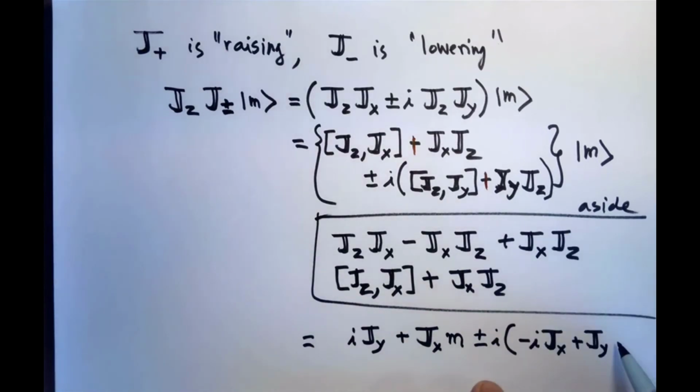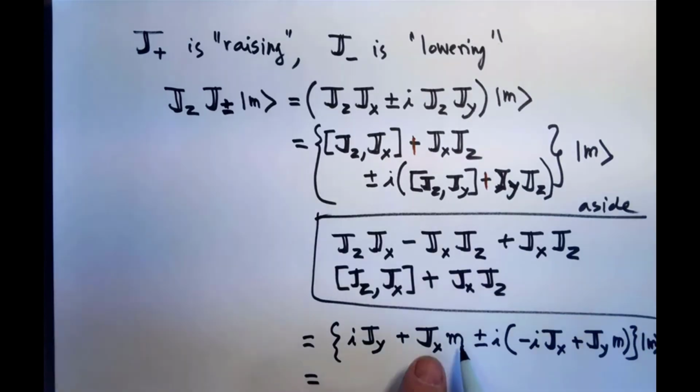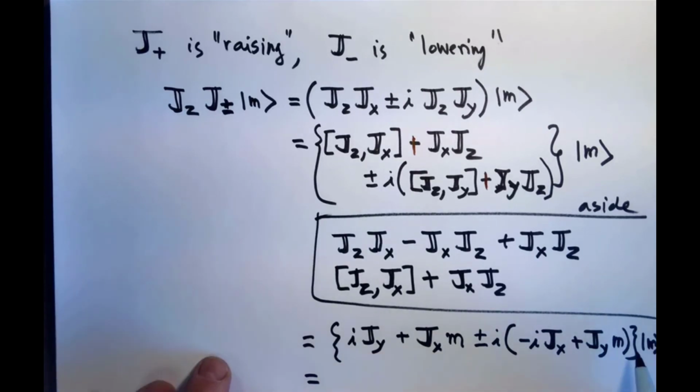And this gives me integer m. All of this acting on eigenvector m. m is multiplying this Jx plus minus iJy, but that's what I call raising and lowering operator.